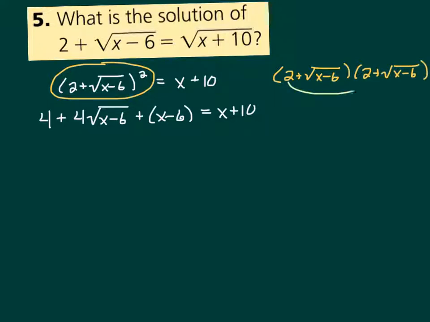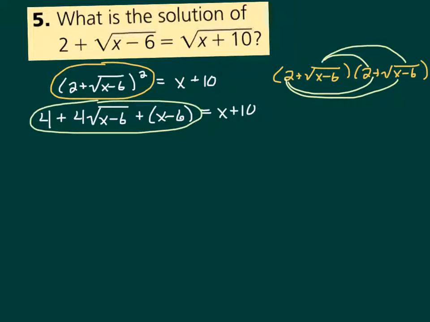You have to do 2 times 2, 2 times root x times 2, root x times root x. That is how, after combining like terms, we end up here. Combining like terms on the left, I have 4 minus 6, which is negative 2. So I have x minus 2 plus 4 root x minus 6 equals x plus 10.